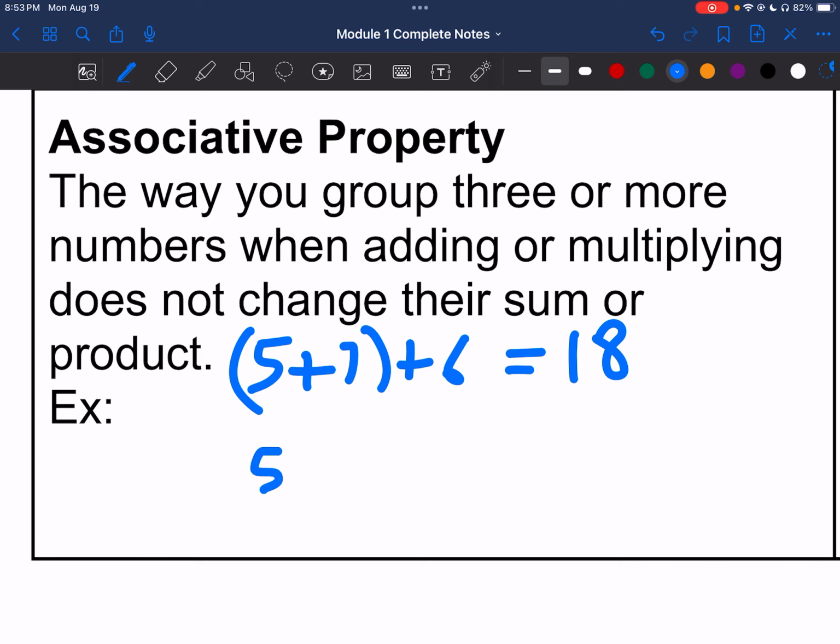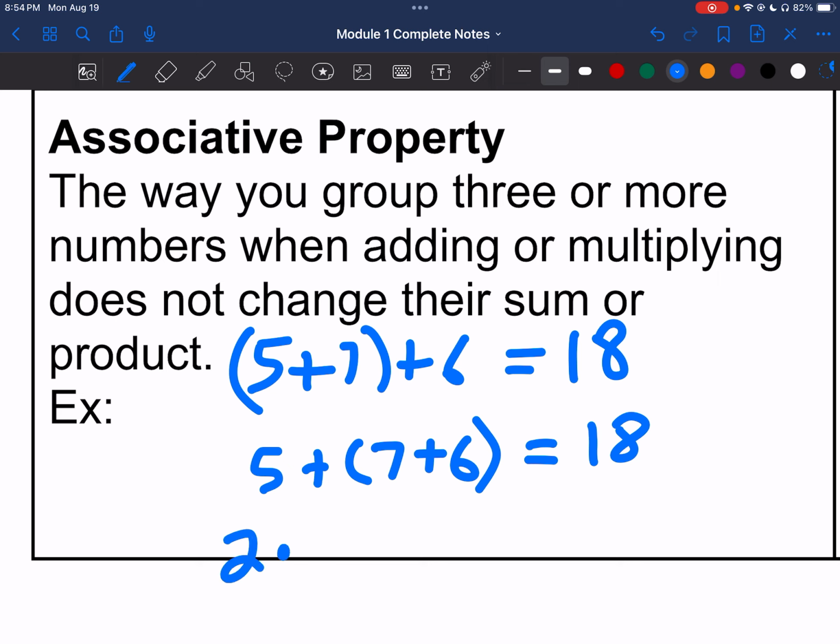Or if we do 5 plus 7 plus 6, that's still going to equal 18. Okay, so the way we group them does not change their sum.